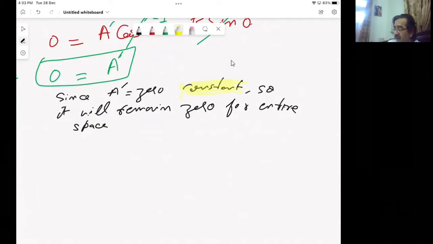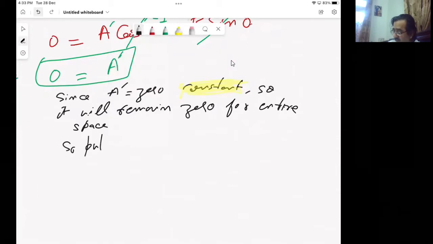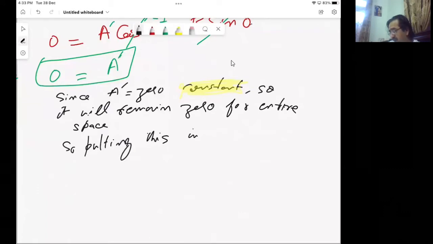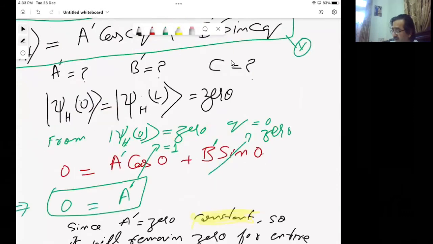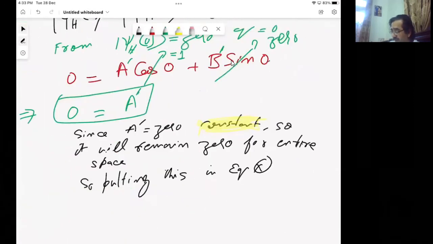By putting this value in equation X, equation X will become B prime sine CQ.